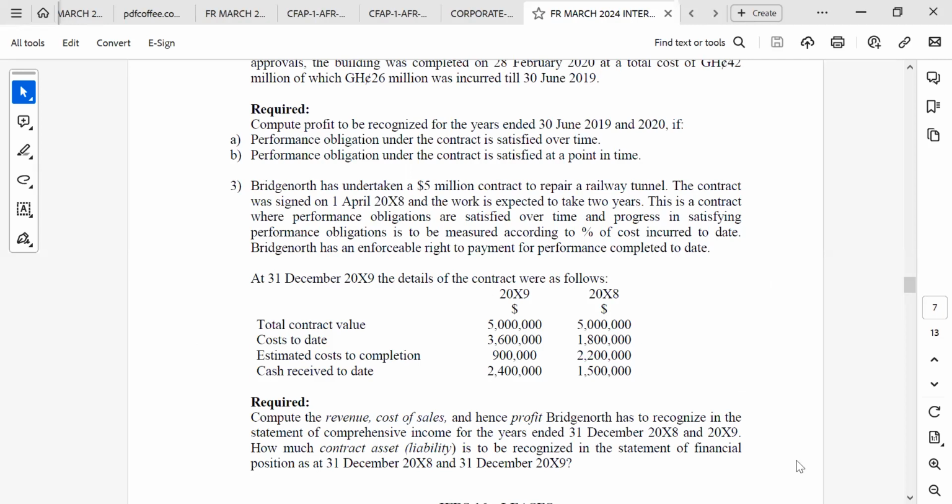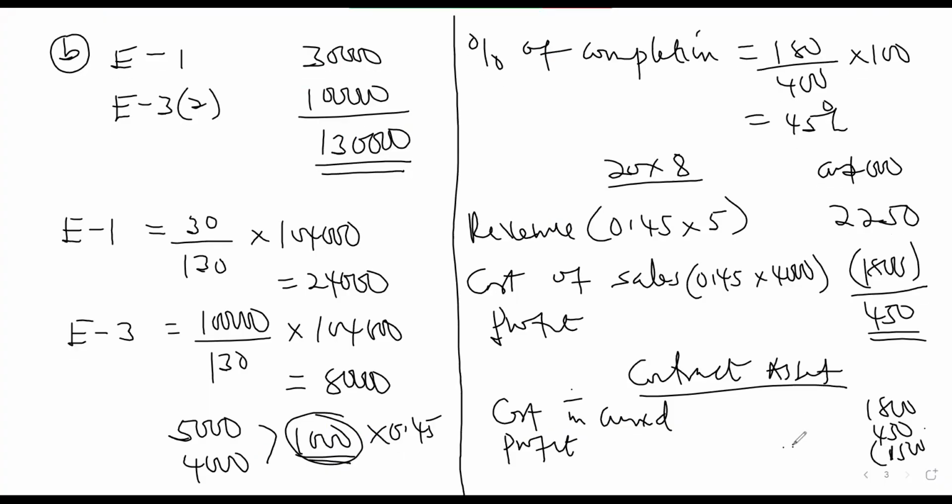So what will be the remaining amount? 750. So this is the amount that the company will be showing in their statement of financial position as contract assets. This is for 2x8. Let's count to 2x9.